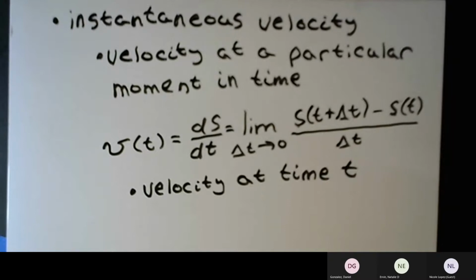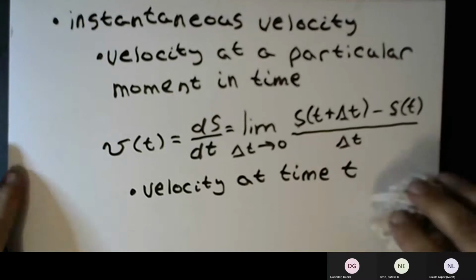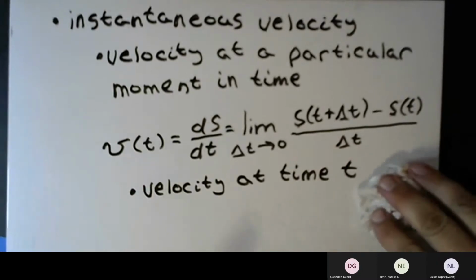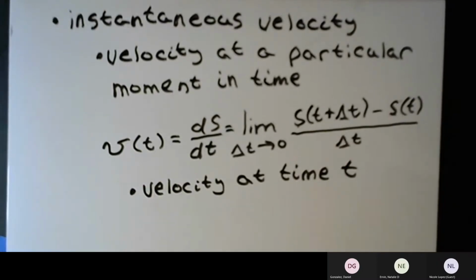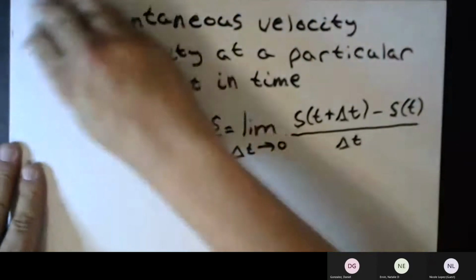So let's do an example. Let's see here. So any questions about this? I'm going to go through an example. We'll look at average velocity, instantaneous velocity again. So let's say we have something like this.